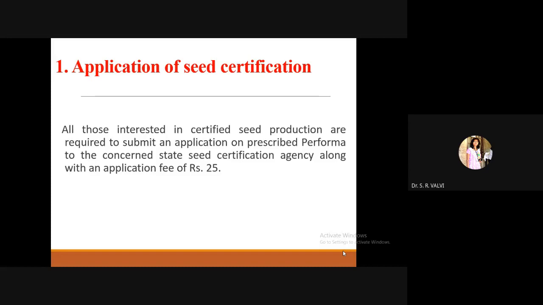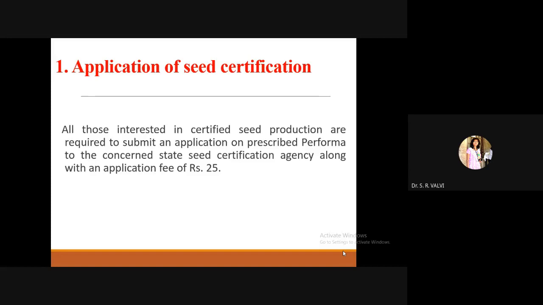So here again, some particular procedure should be followed before starting seed certification. In this case also you have a particular application form, and in order to consider all the farmers in all the areas, the application fee of this seed certification is very, very minimum, so that farmers come forward and do this seed certification process.